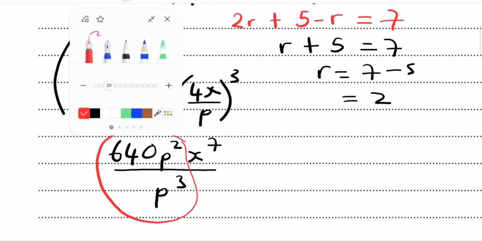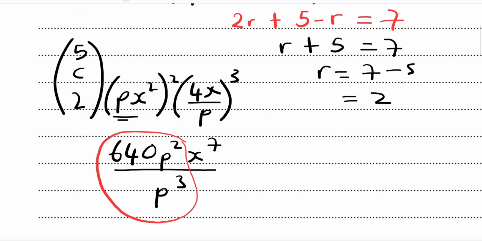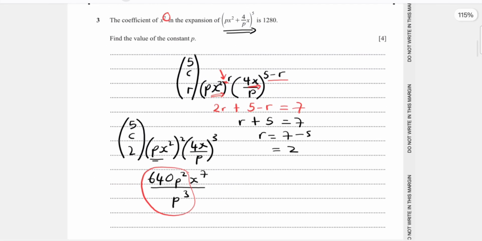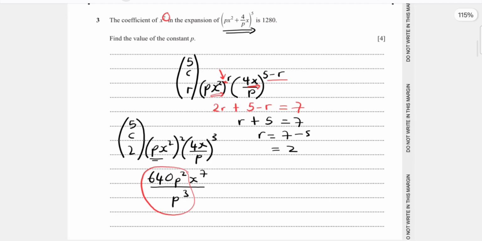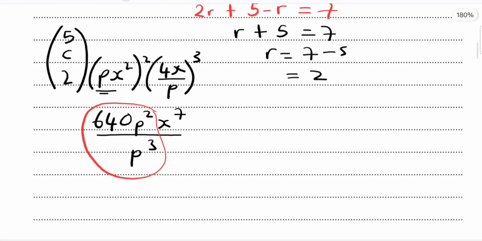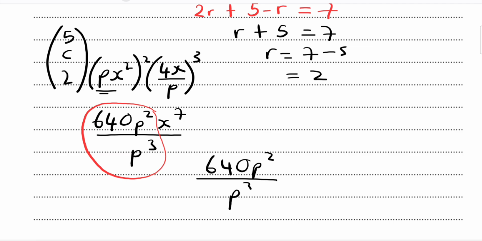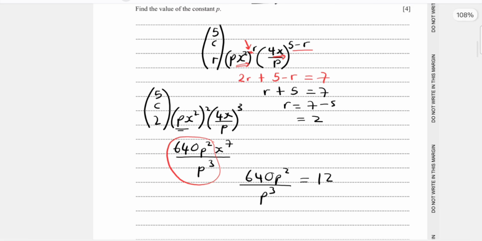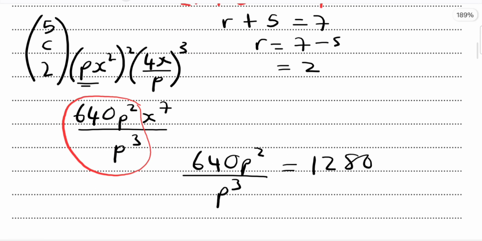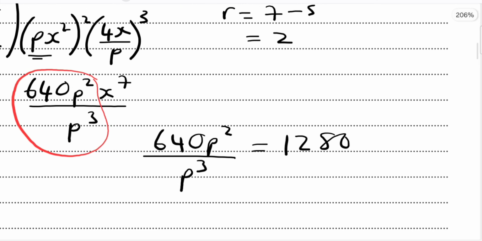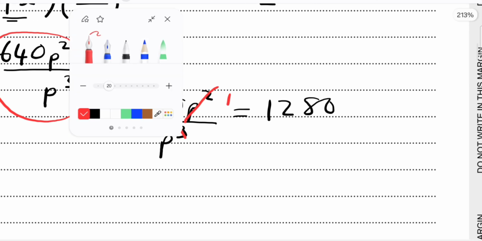right? That's the coefficient for x to the power 7, and you are told in the question that the coefficient of x to the 7 in the expansion is 1280. So we're just going to say 640p² over p³ is equal to 1280, right? So p² simplifying this is 1, then we're left with p in the denominator there.